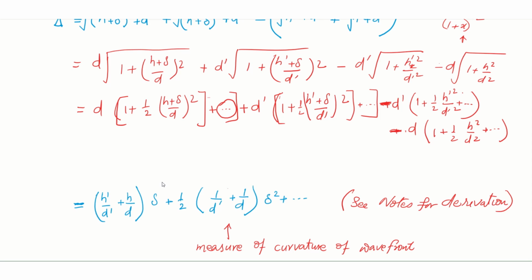Here we have a square term in delta squared, and here you have a term in delta. The coefficients will be these two, because there is a d squared in the denominator, and d times d squared will give you d. Here we have something that is proportional to delta.